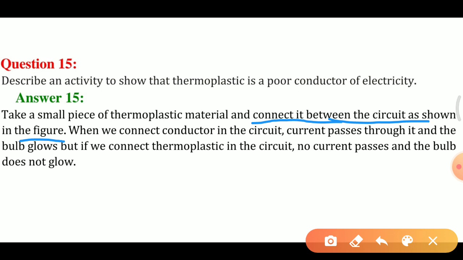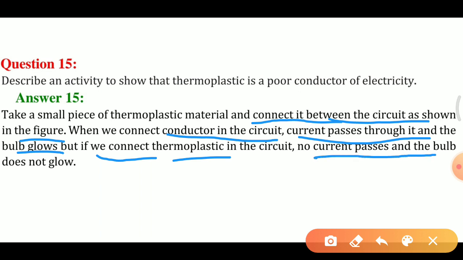I will show it in the next slide. When we connect a conductor in the circuit, current passes through it and the bulb glows. But if we connect thermoplastic in the circuit, no current passes and the bulb does not glow. This type of activity we have also done in class 6th and 7th.